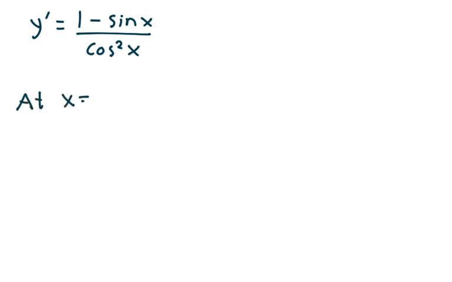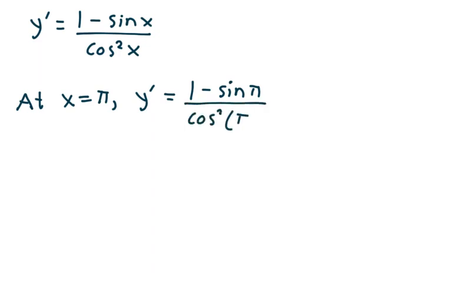At x equals π, y prime is 1 minus sine of π divided by cosine squared of π, which is 1 over, remember sine of π is 0, divided by negative 1 to the second. Cosine of π is negative 1, so you get 1.